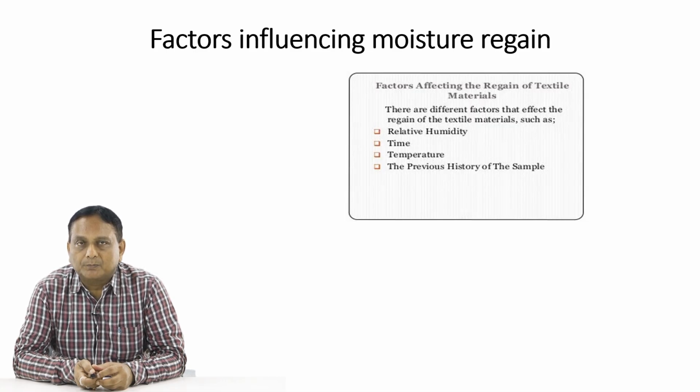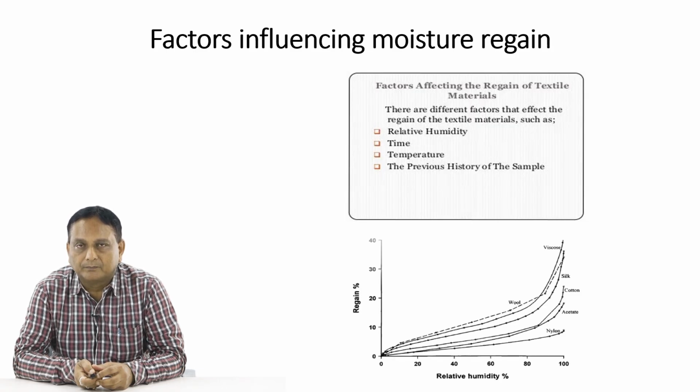That plays an important role. So these are the factors which influence the moisture regain properties of a fiber or textile material. As you can see, the regain percentage varies with relative humidity. As we increase the relative humidity percentage, you can see the regain percentage getting higher.